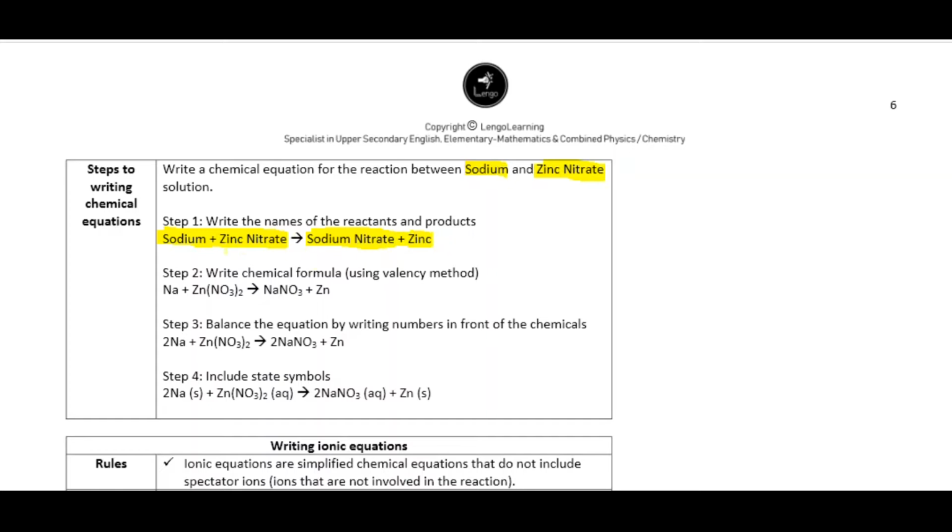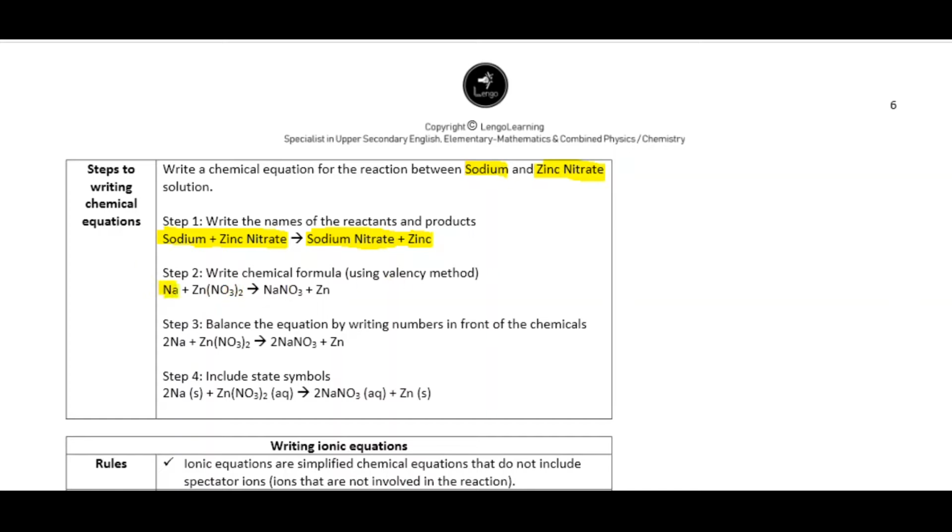So once you have gotten the chemical equation in the word form, the next step will be to replace these words with the chemical formulas, using the valency method to determine how many atoms or ions there are within the substance itself, right? So sodium is basically just sodium.